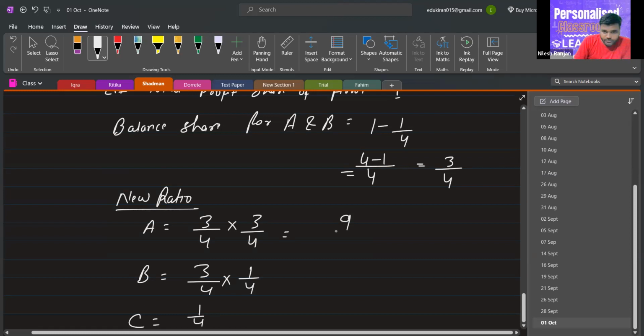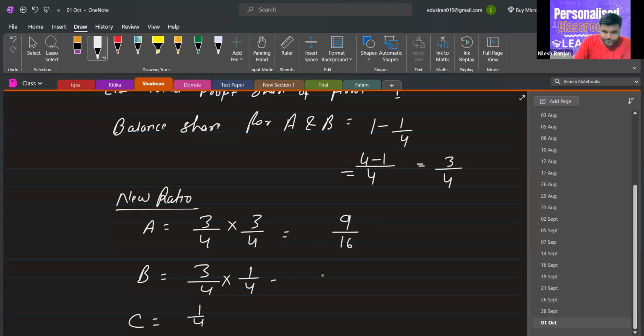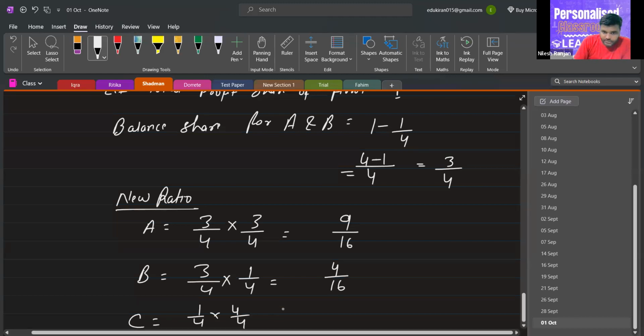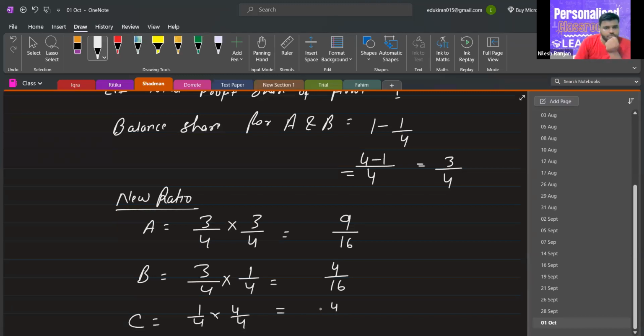So 9/16, 4/16, and 4. Yes, I think it is correct, because we have to bring it to 16 only. But there is some mistake here.